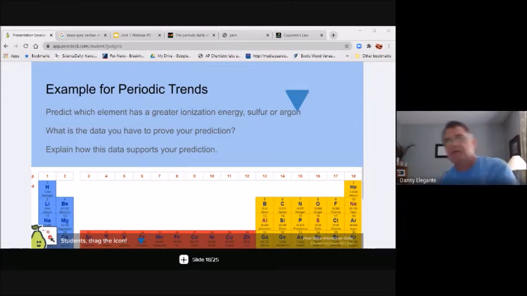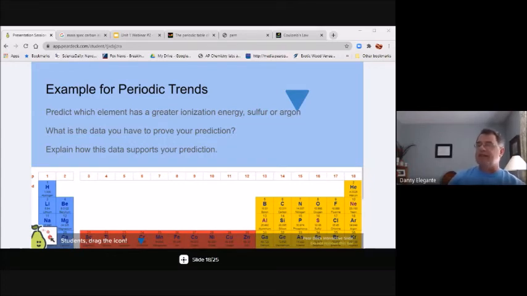They're all the same thing. Make a prediction, or they give you a prediction. Or sometimes they'll say, a student named so-and-so predicts that sulfur has a greater ionization energy. And then it says, do you agree or disagree? And this is your claim or your prediction, you're agreeing or disagreeing with what they say. So you need data.